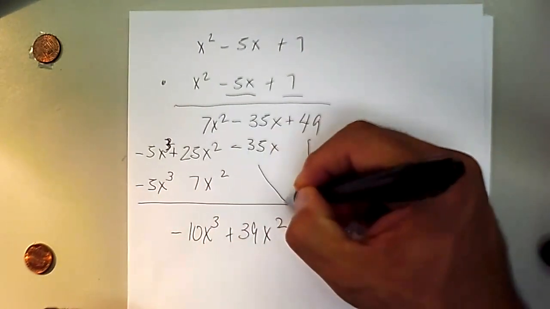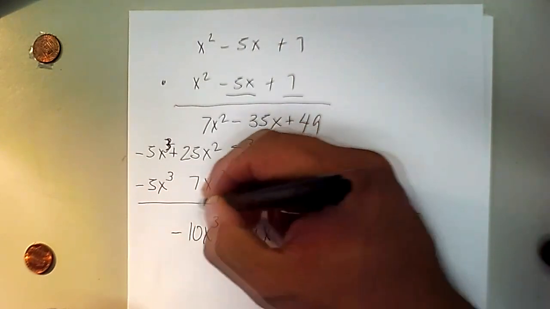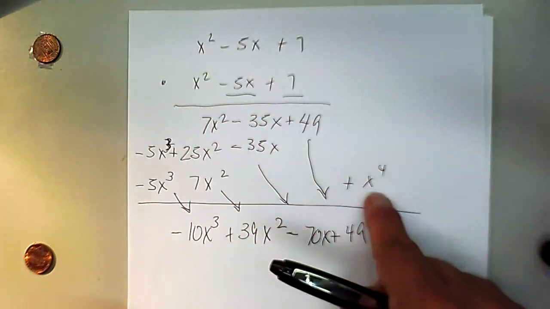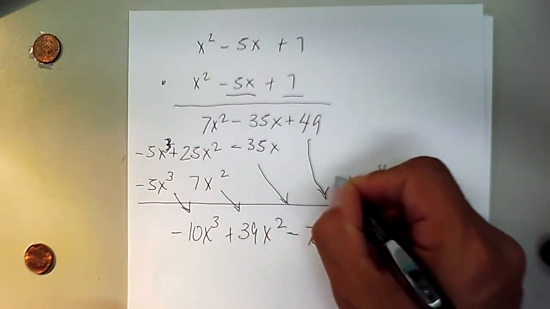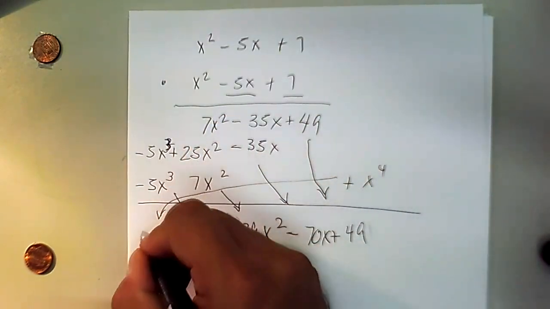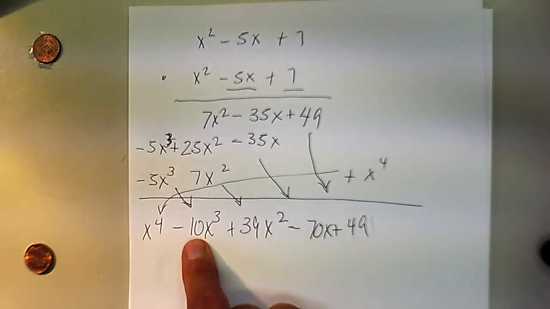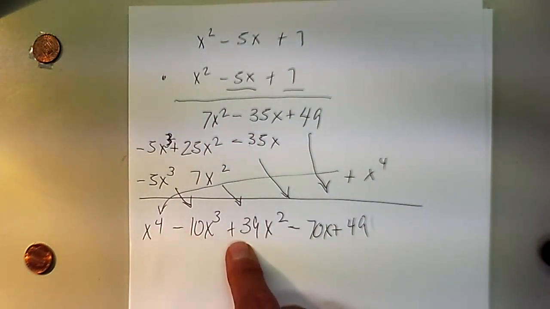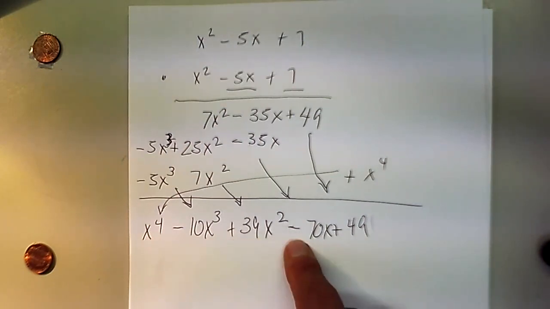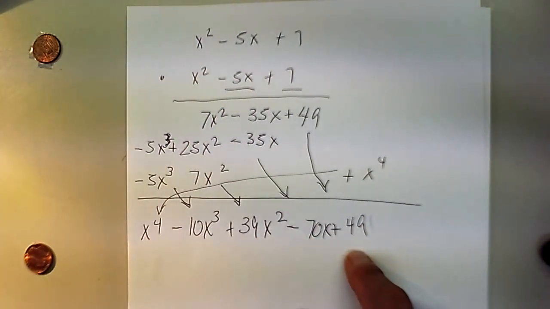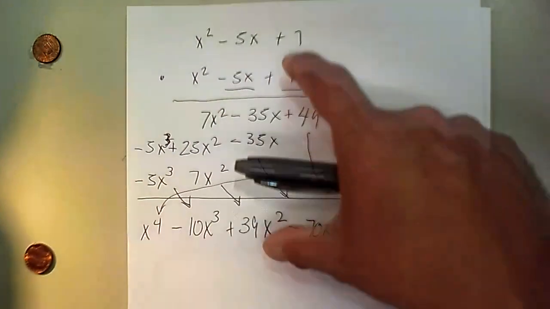So this guy came from here. And then the x to the 4, I'm going to put it here. There we go. So we end up with x to the 4 minus 10x cubed plus 39x squared minus 70x plus 49. Wow. So I didn't want to do all this work.